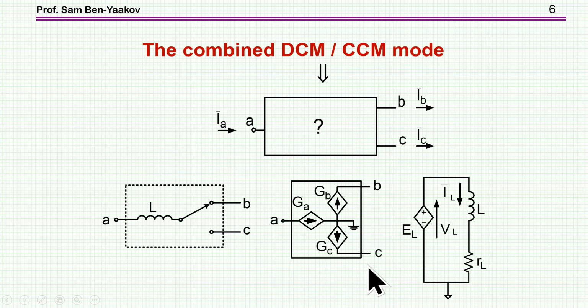And then we have, of course, the inductor, which is exposed to the average voltage, generating the average current, which is then translated into these current sources depending on the duration at which the switch is on in each one of these ports. Okay, so this is the idea behind the average behavioral model of a PWM converter.